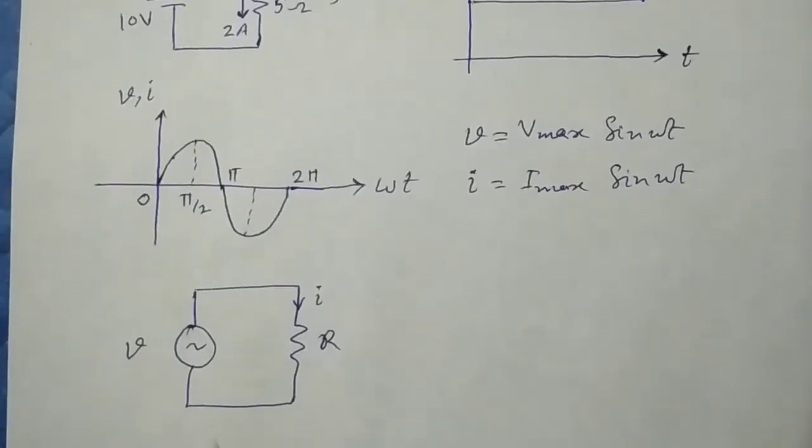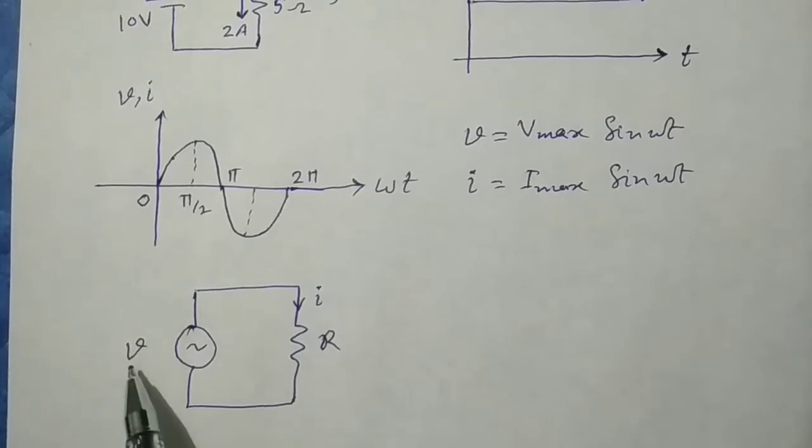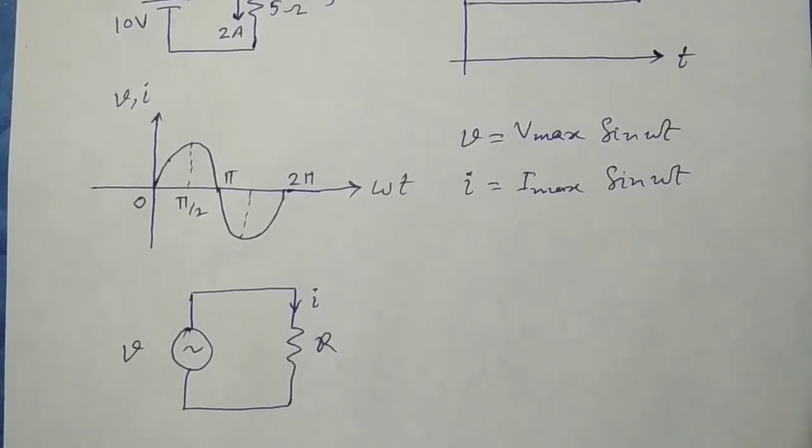If we consider the circuit where V is the instantaneous voltage applied and I is the current flowing through the load resistance, in this case we cannot identify the magnitude of the voltage or current. Therefore, there are different options.